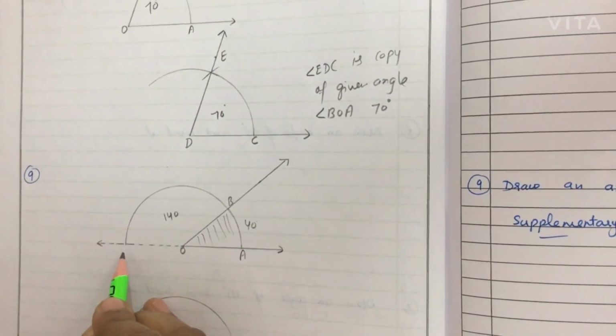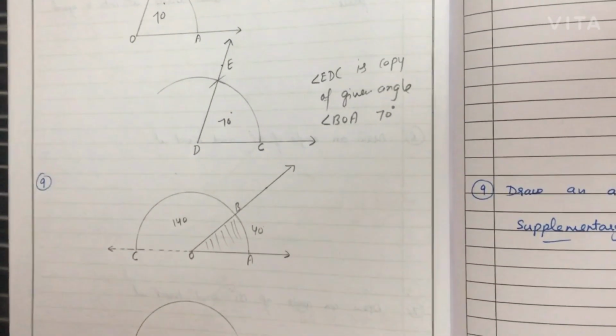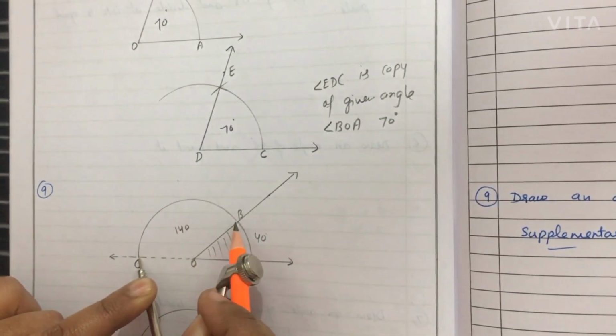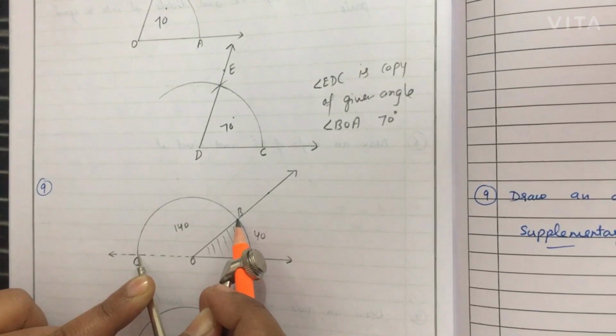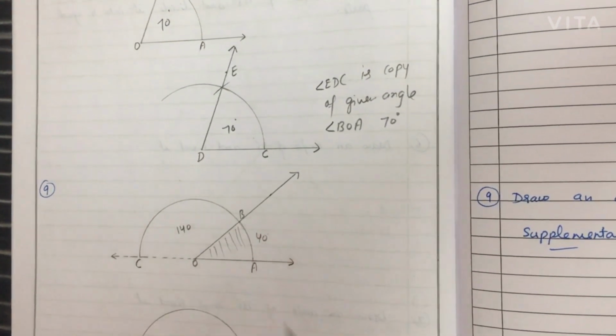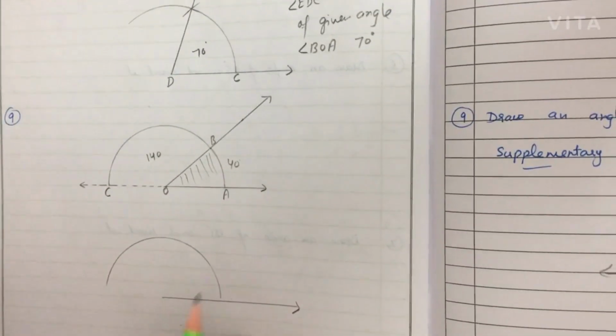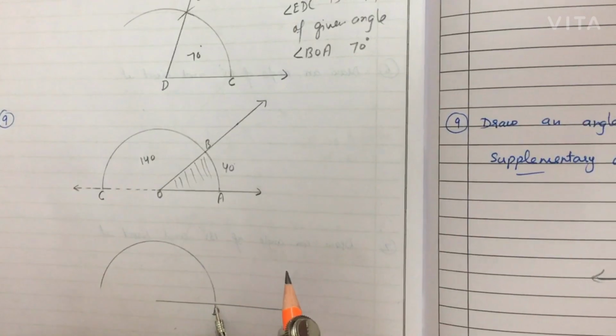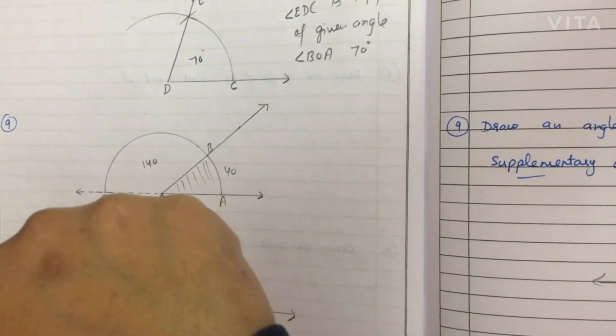So we will open the compass as much as the length of BC is given. So we will open the length of BC. You are observing, we will keep on B and we will keep on C. So now take this point to be D, keep on point D and give this type of arc.